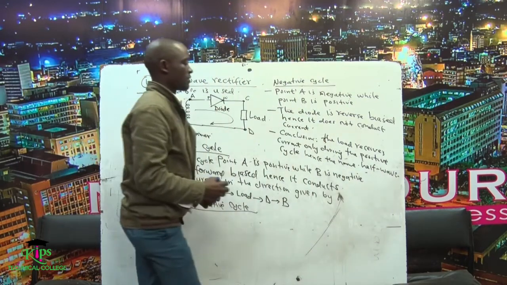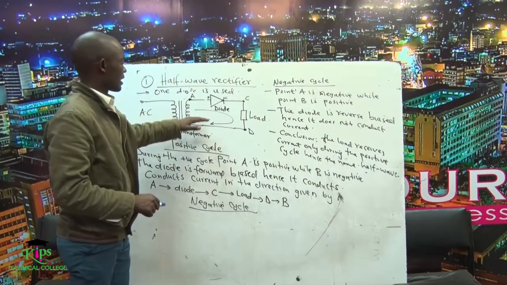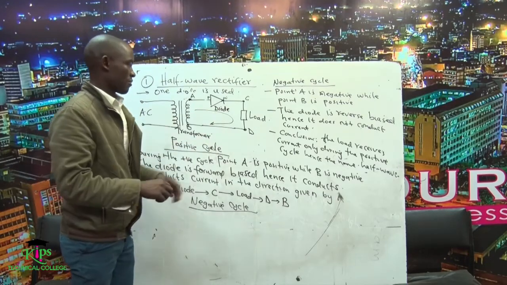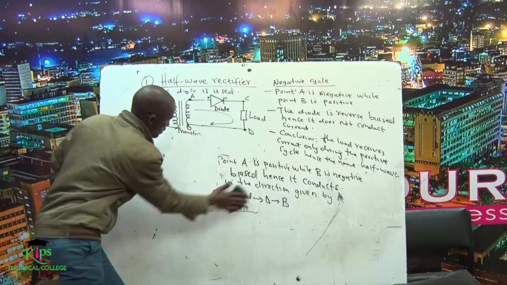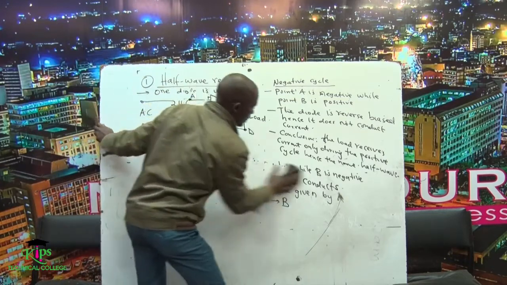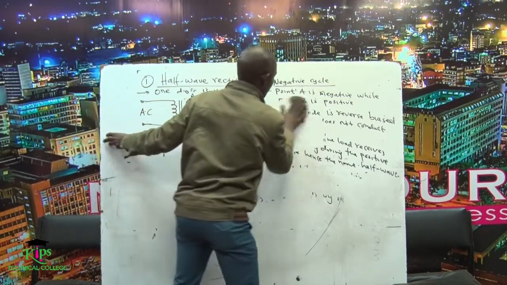So we are only receiving half of the wave because the other negative half is cut off. So we can just draw the diagram and finish up on this particular area.